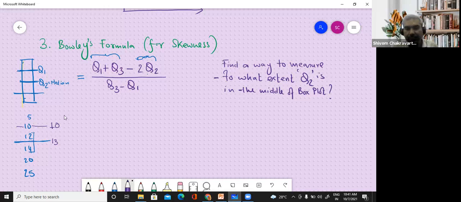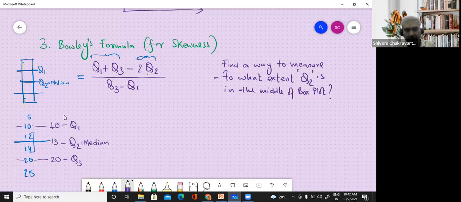We can divide the upper half into 2 equal parts at the number 20. So below 20 there is half of the data, above 20 there is half of the data in the upper half. So 10 becomes the first quartile, 13 becomes the second quartile, which is also the median, and 20 becomes the third quartile.